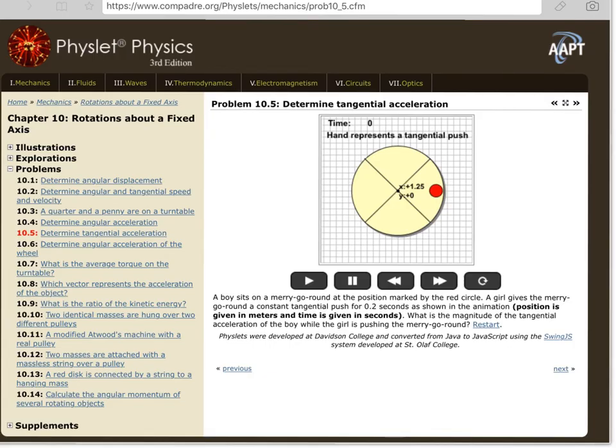Okay, here's the last one. You should read it over. A boy on a merry-go-round. A girl gives the merry-go-round a push for 0.2 of a second, and then lets go. So what are we going to expect? We're going to expect the thing to accelerate for the first 0.2 of a second, and then go around perhaps at a constant speed, assuming the merry-go-round is frictionless.